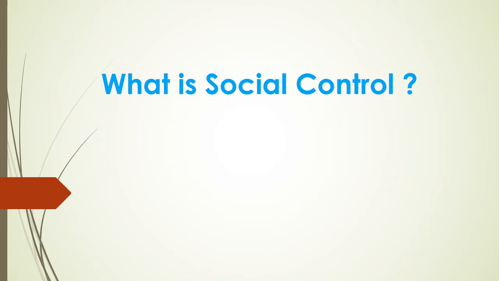Social control is the way in which the entire social order maintains itself. Society is a collectivity of groups and individuals for the welfare and advancement of society. It prescribes norms to maintain harmony or order.